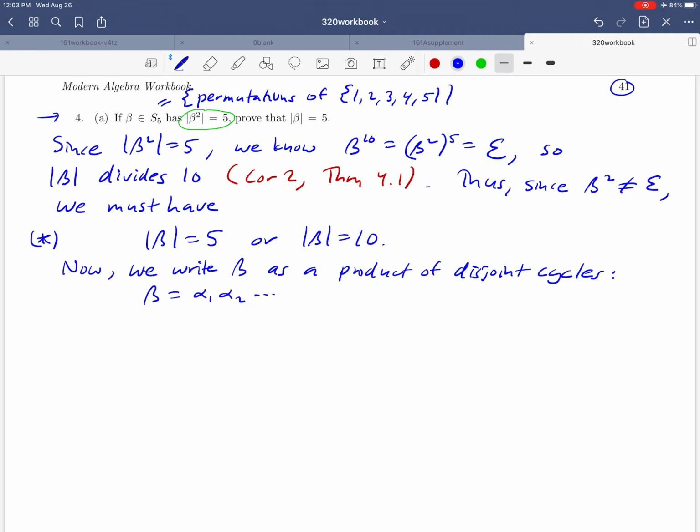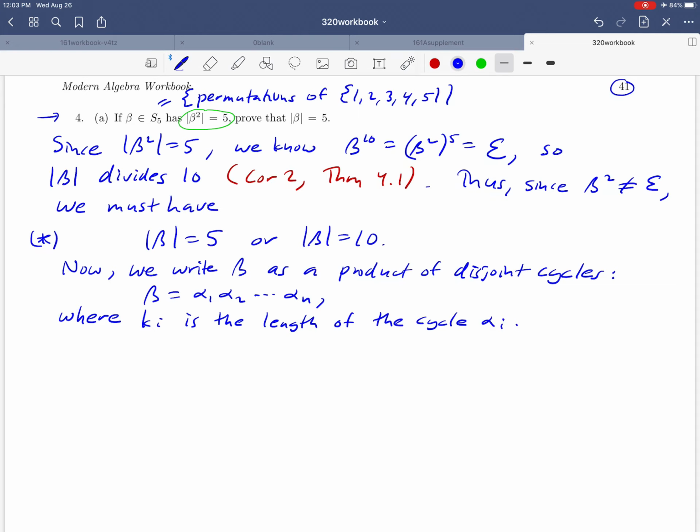We don't know how many cycles there are, so let's just assume that there are n of them. And we also don't know what the lengths of the cycles are, so let's just give the lengths names. So we'll call the length of the ith cycle ki. So ki is the length of the cycle alpha i.